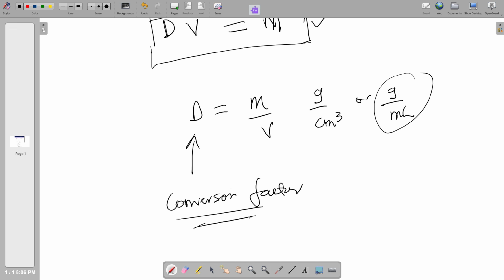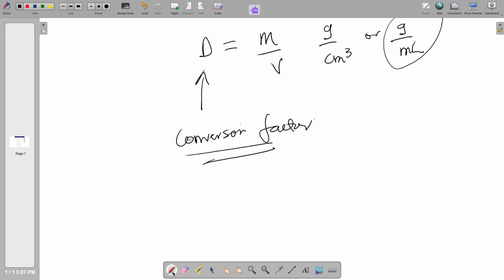Once you understand that, you don't have to always manipulate the density equation like we've done before. You just have to know which of the ratios of density you need to use. Basically, we can have our first ratio with the units in this form, grams per cubic centimeter, called A, or we can have our second ratio, which we call B, cubic centimeters over grams.